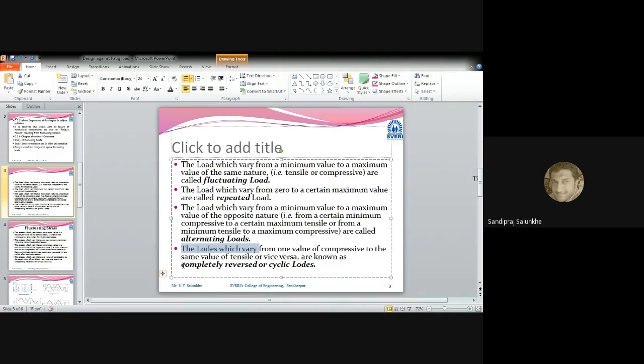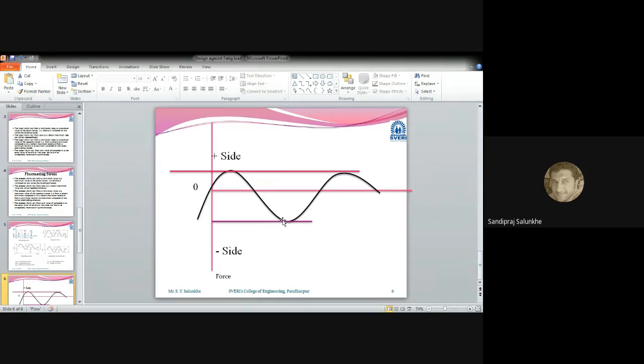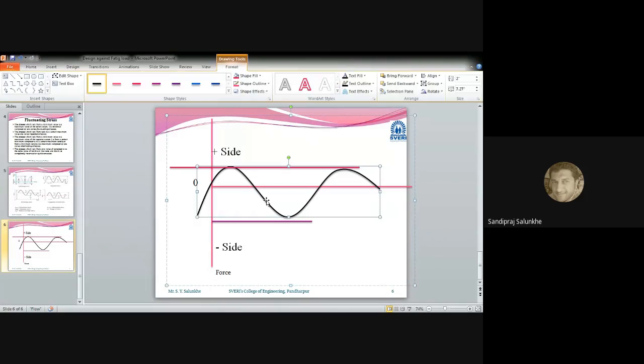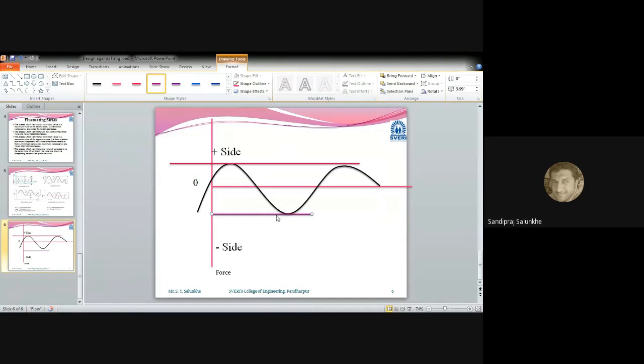That is called completely reversed or cyclic load. For example, on the same graph, how much this compressive load is there, the same amount should be there on the other side, the same to the lower side and the same to the upper side.